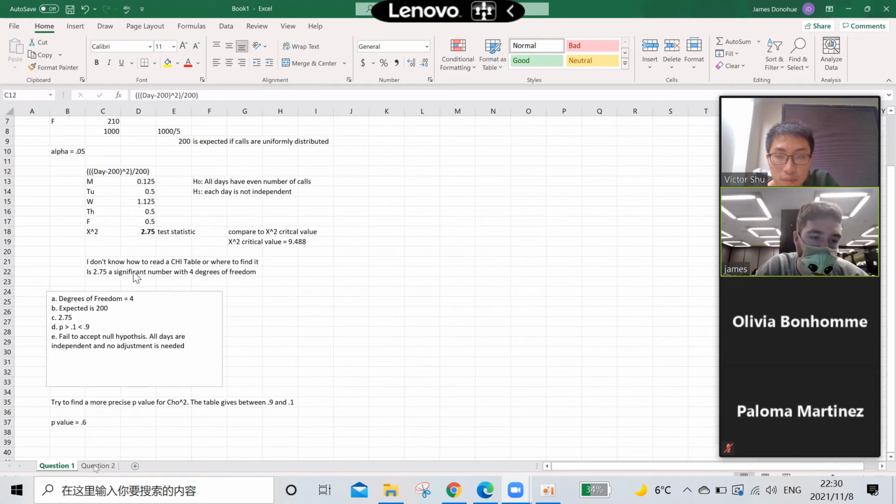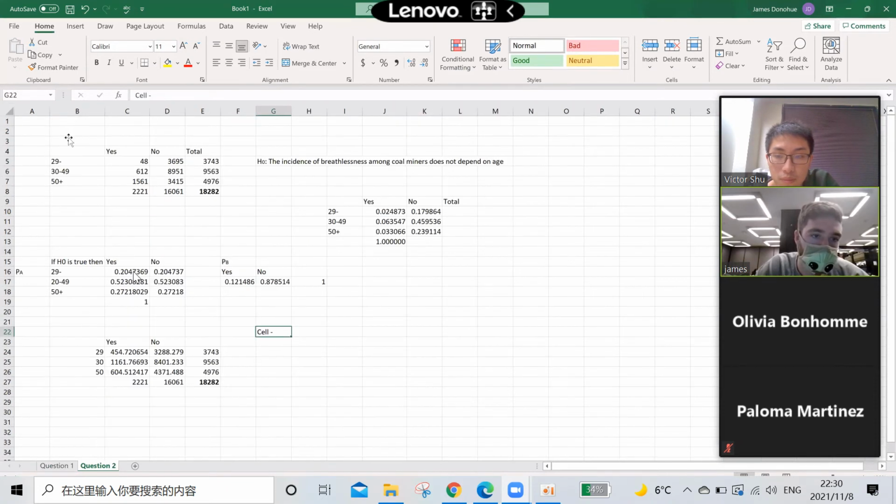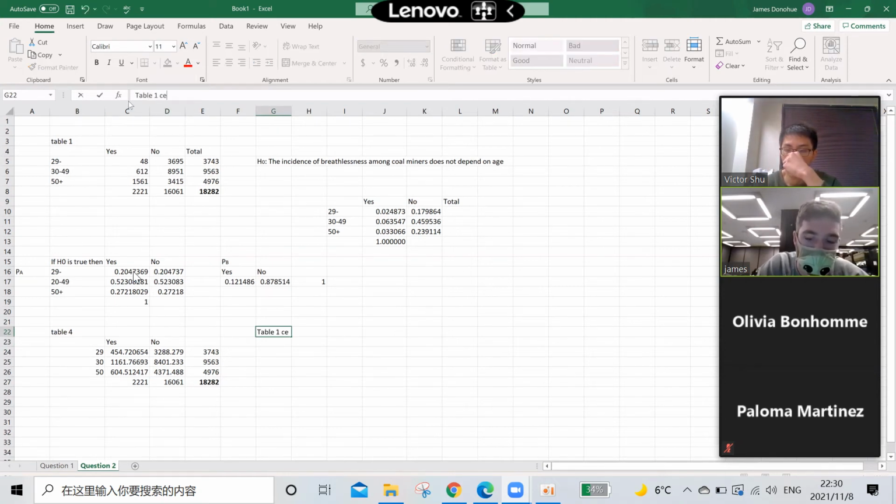Wait, let me go back here. So if I call this table 1 and this table 4, it would be table 1 cell minus table 4 cell, all squared, divided by table 4 cell.